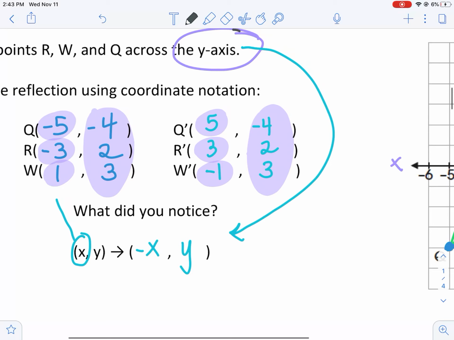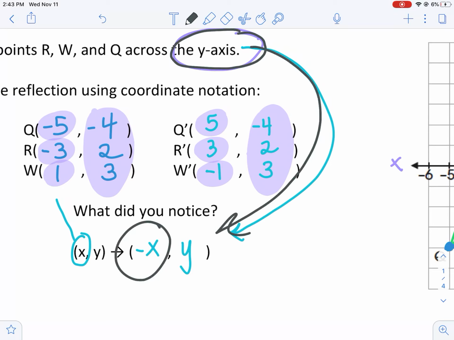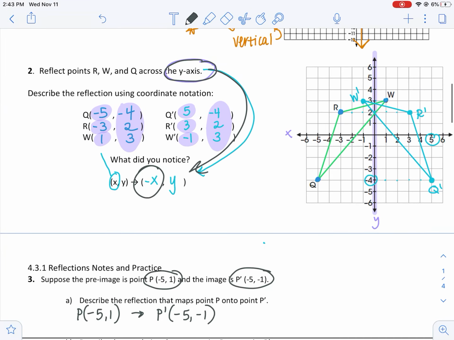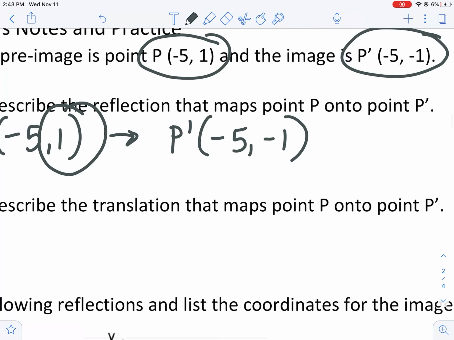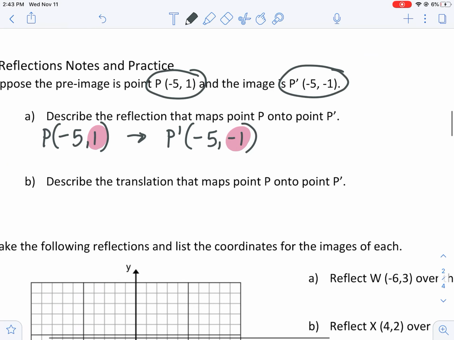Now, let's use some context clues. Up here, when we reflected over the y-axis, the x's changed. Here, the y's are changing. So, because the y's change, the y's become negative.